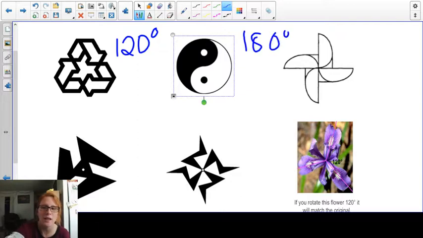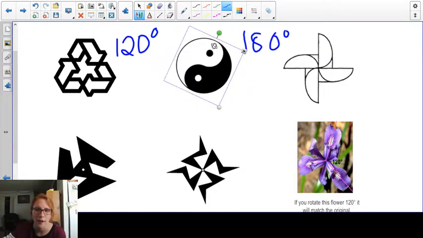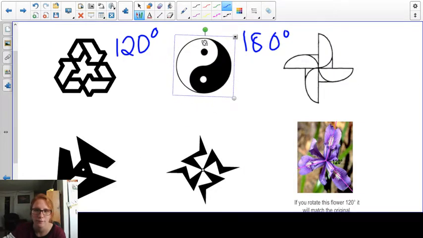The reason being, I couldn't do it until I had flipped it around. So if you remember, straight lines, flips are 180 degrees. So this guy has 180 degree rotational symmetry. I'm going to put him back right.